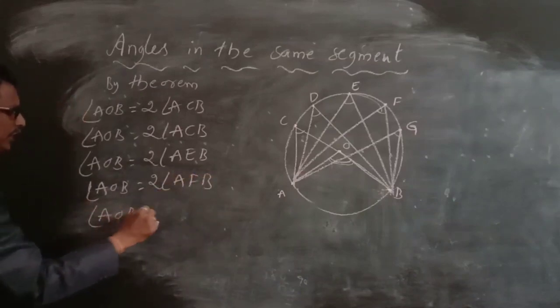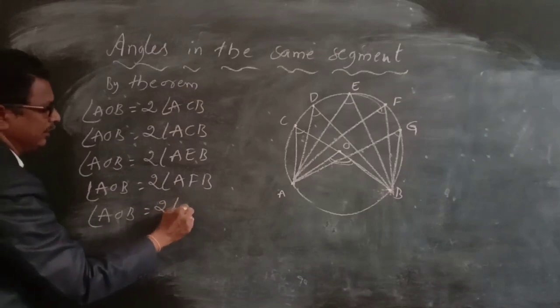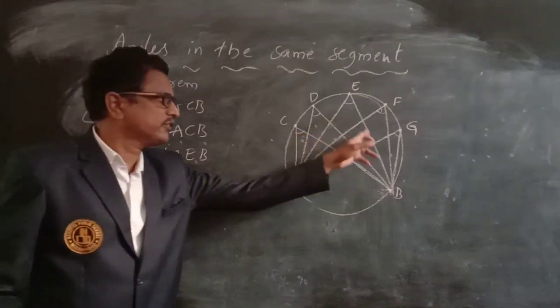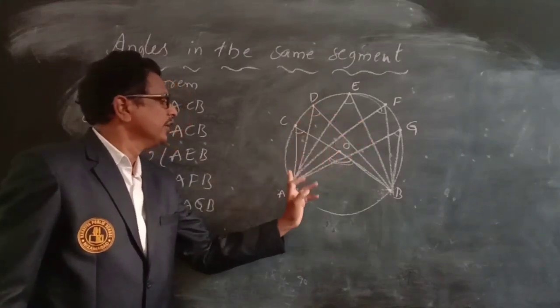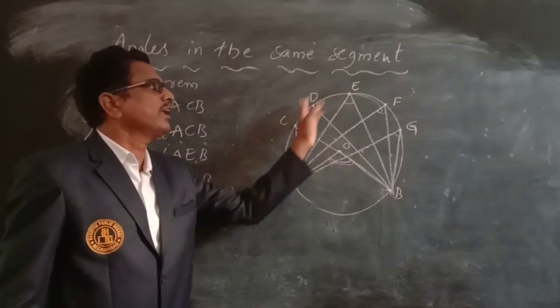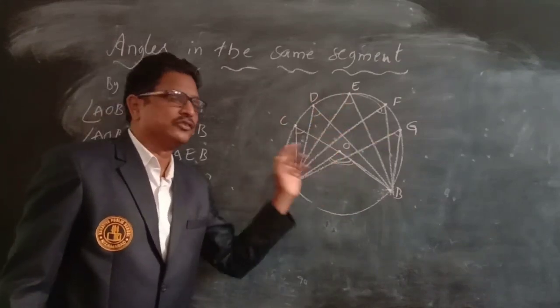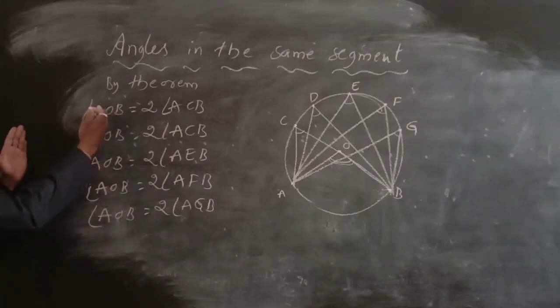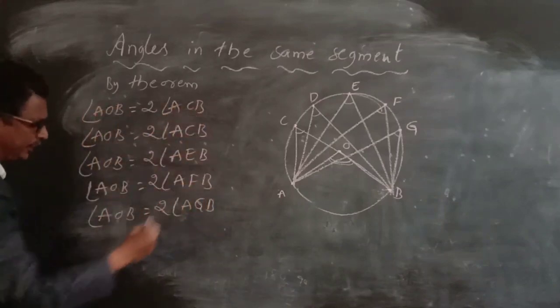Angle AOB equals 2 angle AGB. Yes, is it right? Means here all the remaining angles are double for this. Then from this, left side are all equal, therefore right side is also equal.